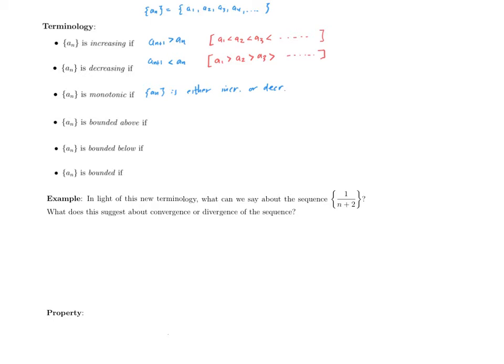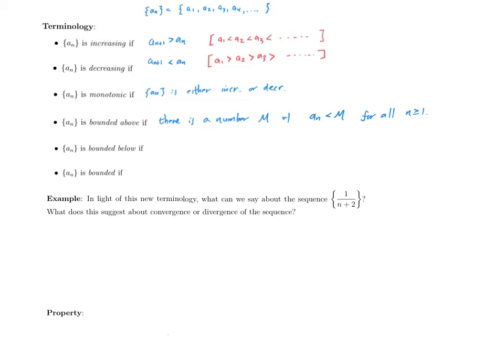Mathematically we would say there is a number, big M, with a sub n smaller than big M for all n values. That's essentially saying if we go down our list and look at every single one, they're all smaller than big M.